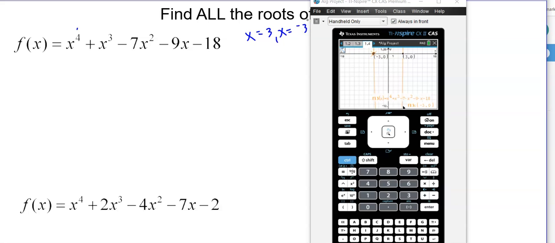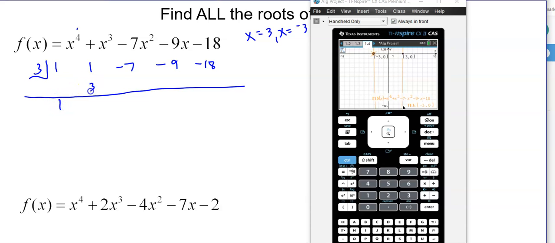It doesn't really matter the order, but we're going to synthetically divide both of those guys out. So let's start with 3. So 3 goes in the box, 1, 1, -7, -9, -18. What's nice is because I see it on the graph, I know that's a solution to this graph. So I get 1, 3, 4, 12.